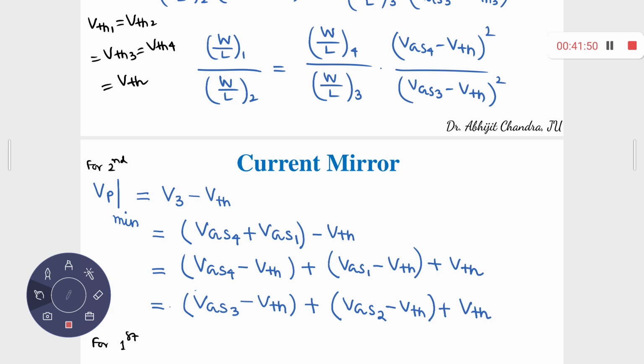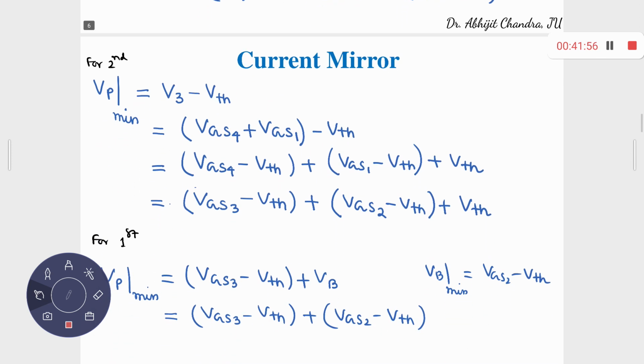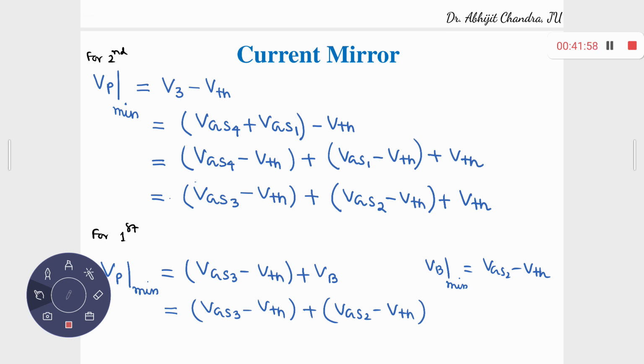So which one is preferable out of circuit 1 and circuit 2? In circuit 1, you have observed that VP minimum is the summation of two overdrive voltages only, and for circuit 2, it's a summation of two overdrive voltages plus a threshold voltage.